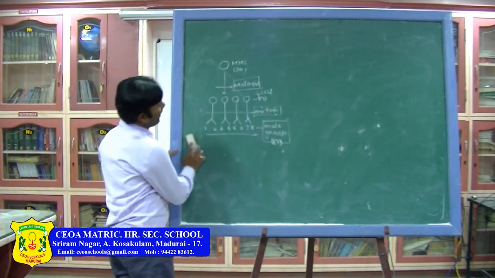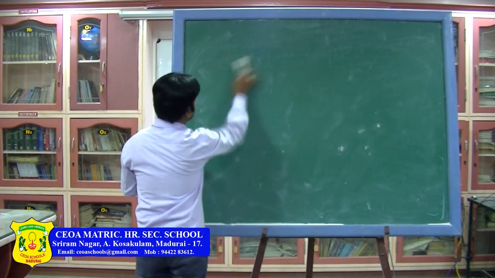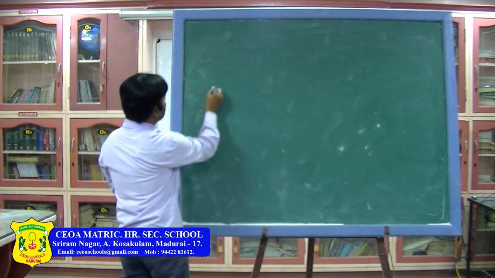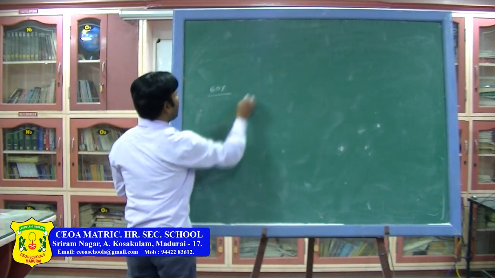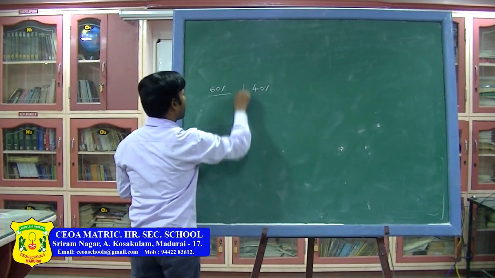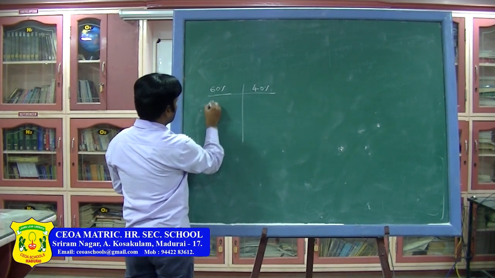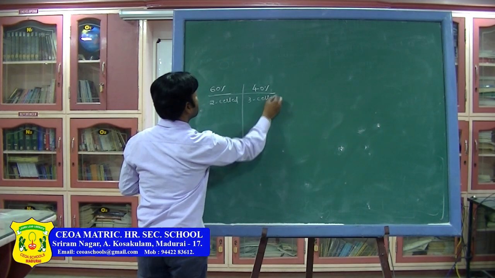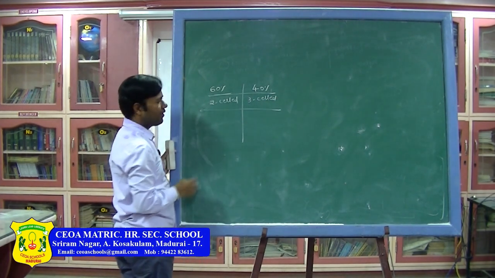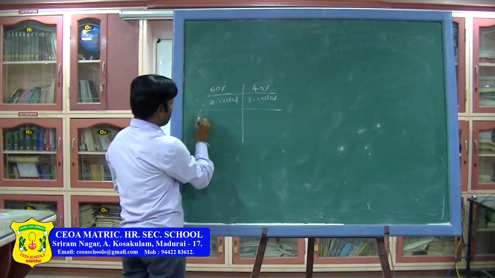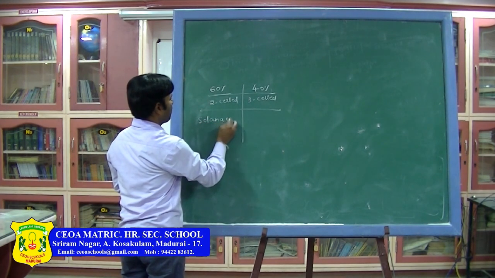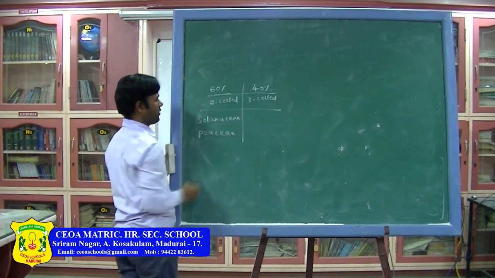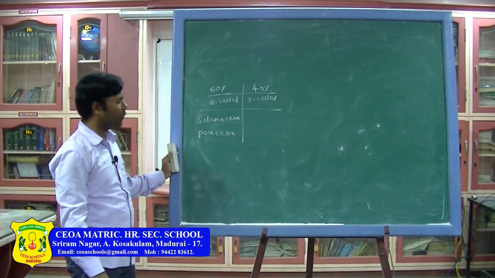Let us see in the diagrammatic manner. For example, if you see here, 60% of the families and 40% of the families. It is the 2-celled stage, it is the 3-celled stage. Next, that is the Solanaceae and Poaceae family members, 60%, the main important ones.